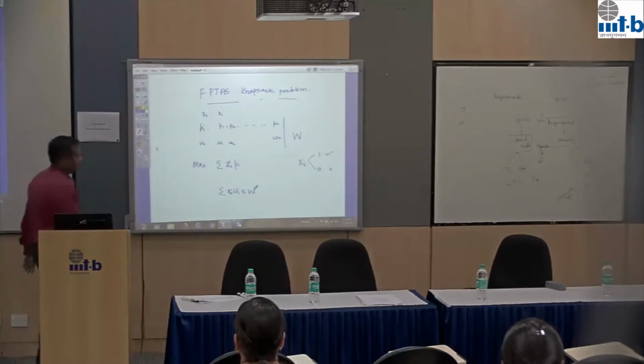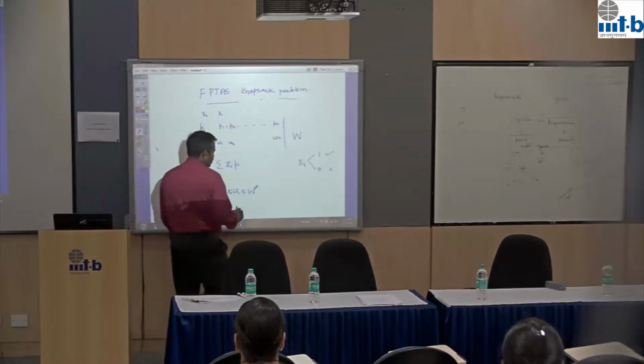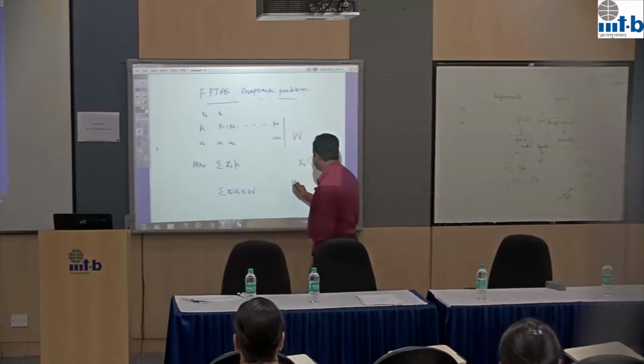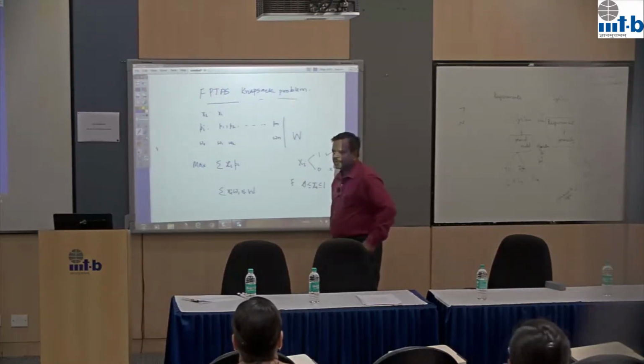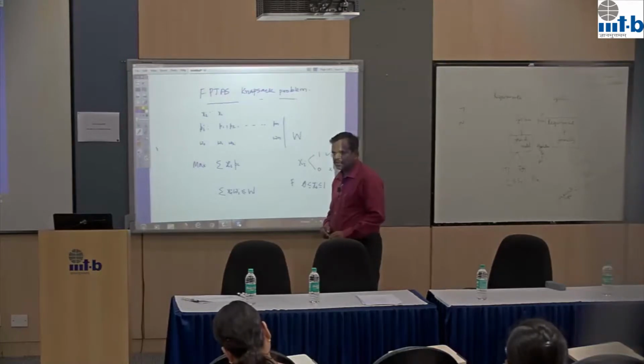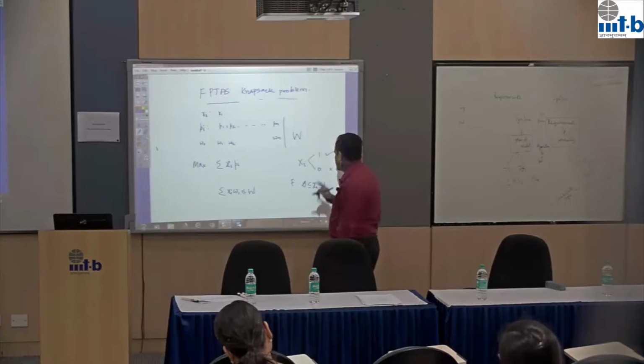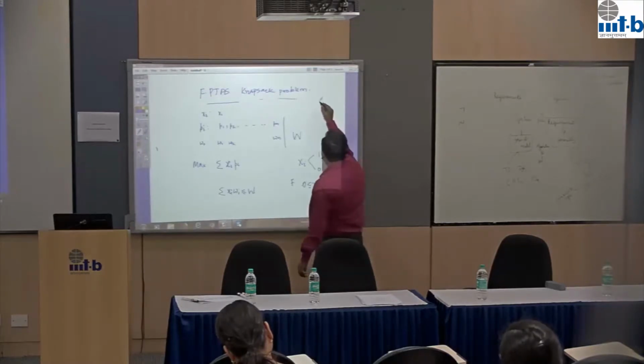There is what is known as a fractional knapsack problem, where you allow x of i to be between 0 and 1. That means that you're allowed to pick fractions. So this is called the fractional knapsack problem. Let me write optimum.